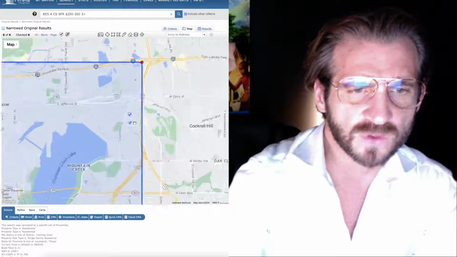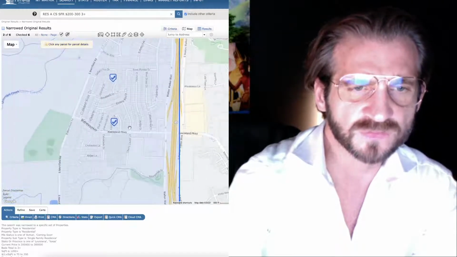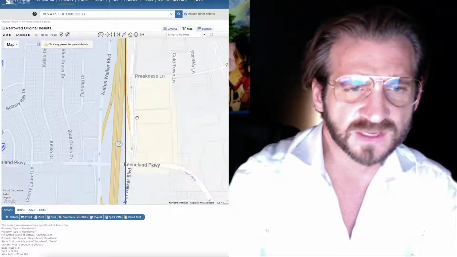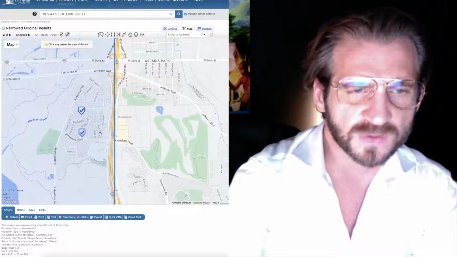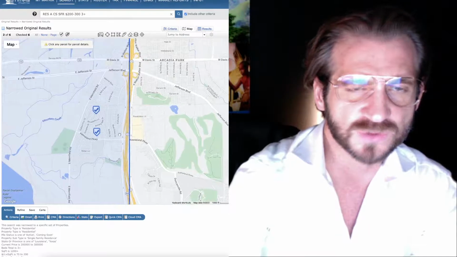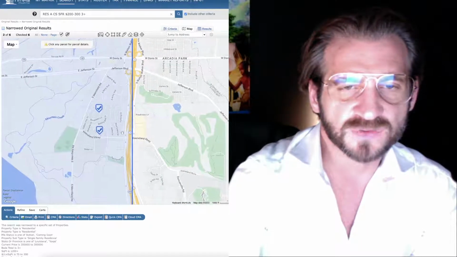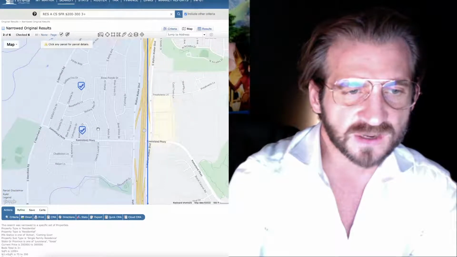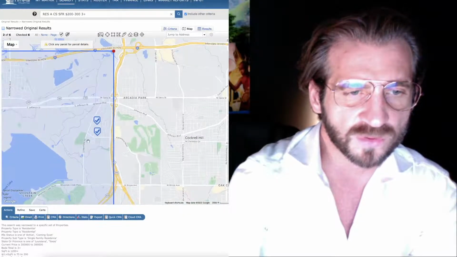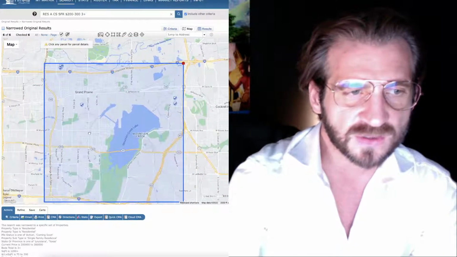You have a whole lot of basically commercial properties. It has a lot of businesses in this area, and so there's already a demand for this particular property and the area that it's in.